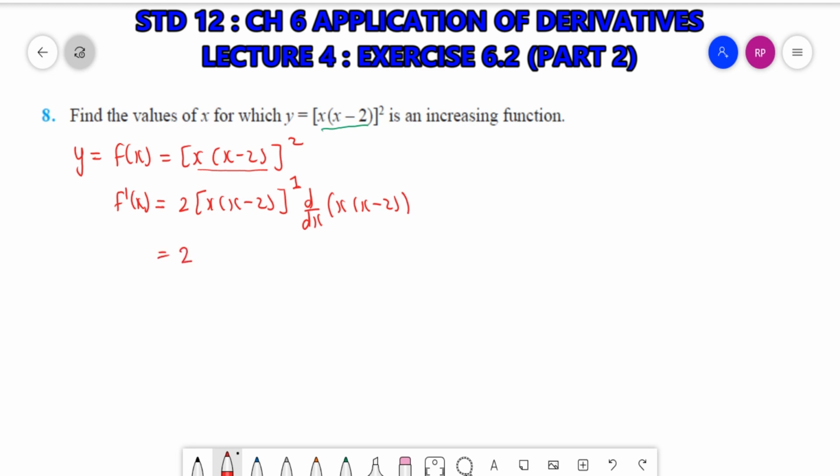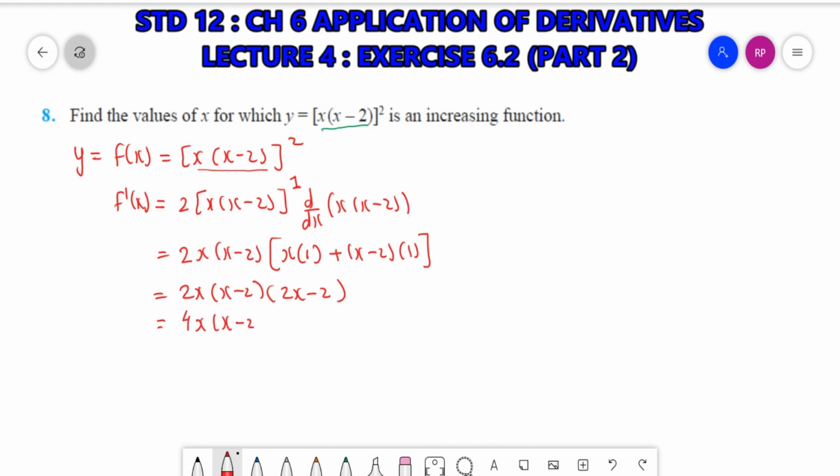So 2x(x minus 2), x as it is, derivative of x minus 2 is 1, x minus 2 as it is, derivative of x is 1. So this will be equal to 2x into (x minus 2), x plus x, that is 2x minus 2. So this will be equal to, when I take 2 common here, 4x(x minus 2)(x minus 1).